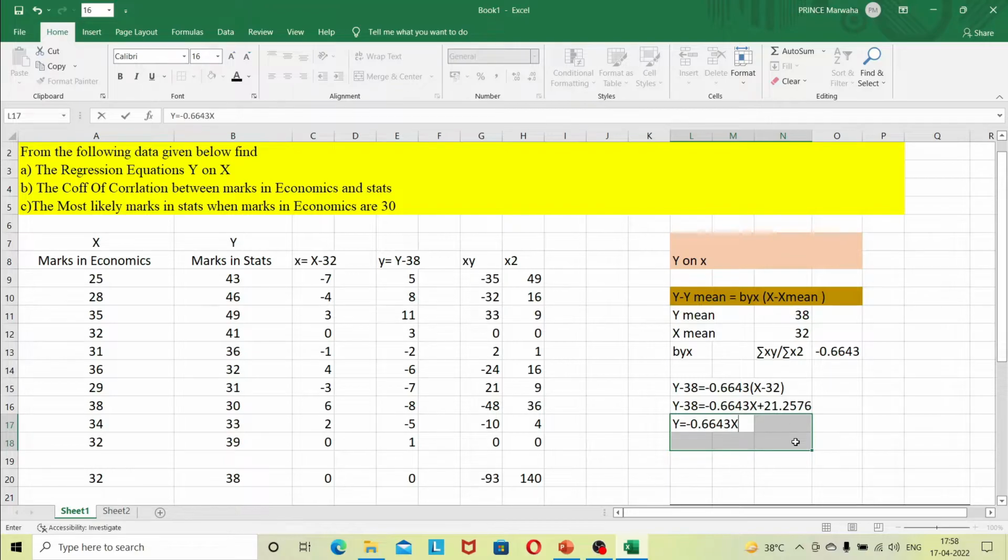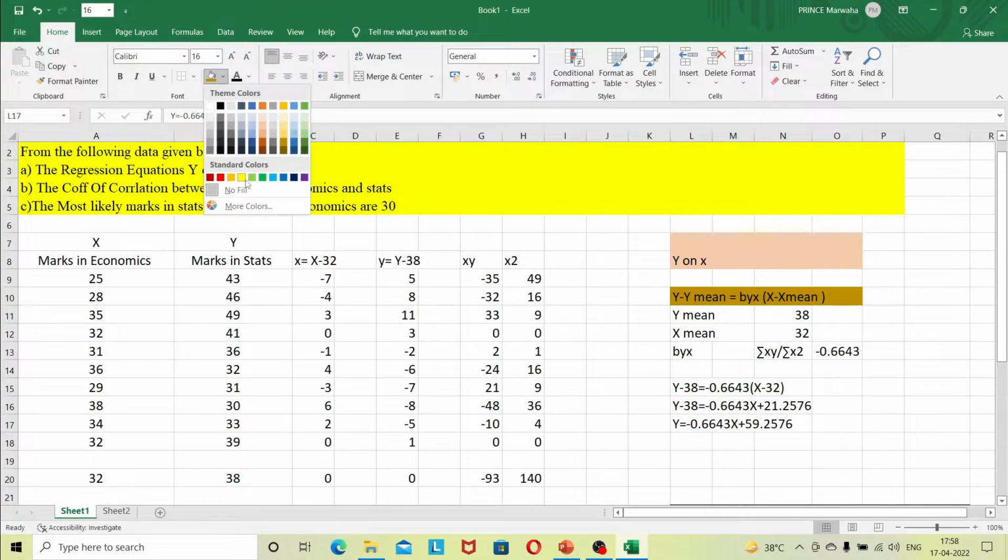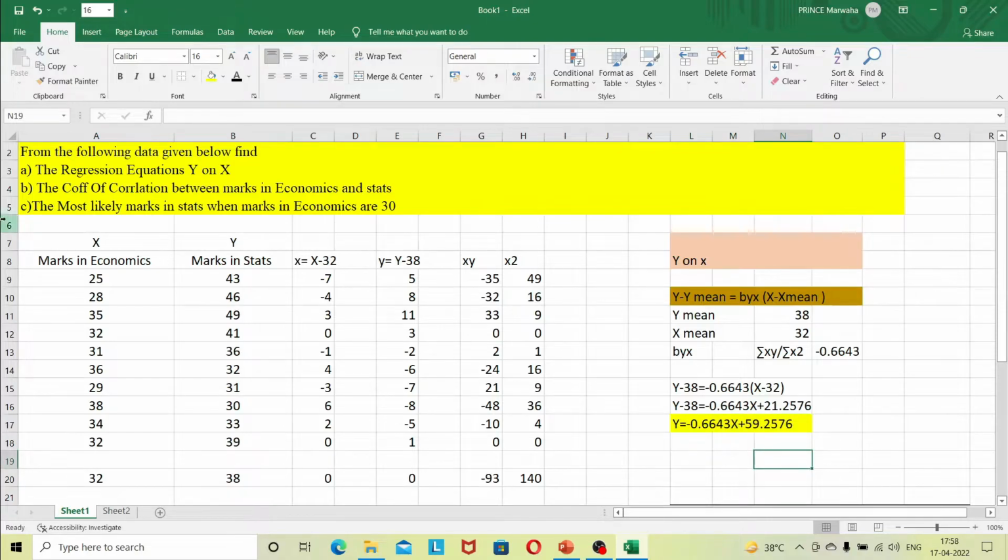Again, I forgot to place x, that is minus 0.6643x plus 21.2576 plus 38. The value was 59.2576. Okay, so in this way we have got the regression equation of y on x. That was the main equation that we intended to calculate from part A.